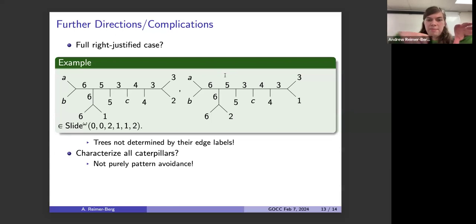So that's another further complication. I also just found some stuff last week that shows a lot of promise here, but again, we don't have any full results there.